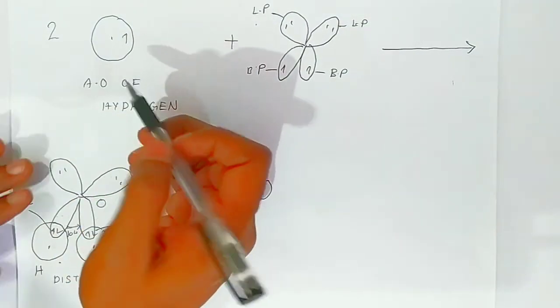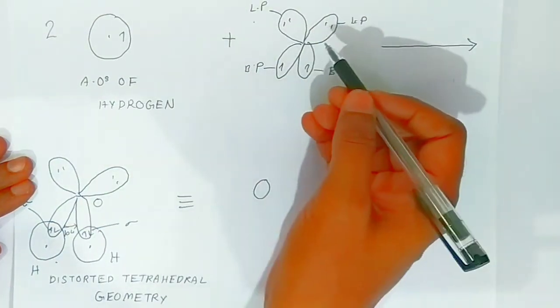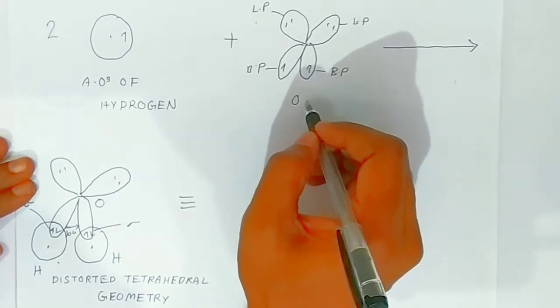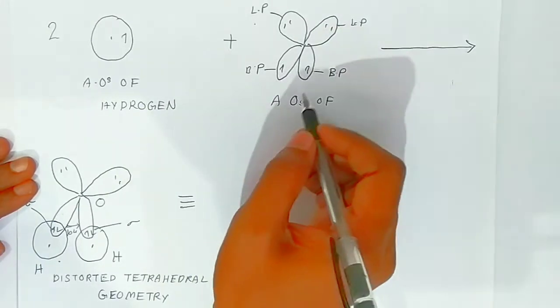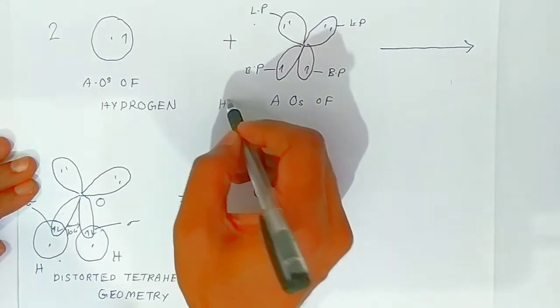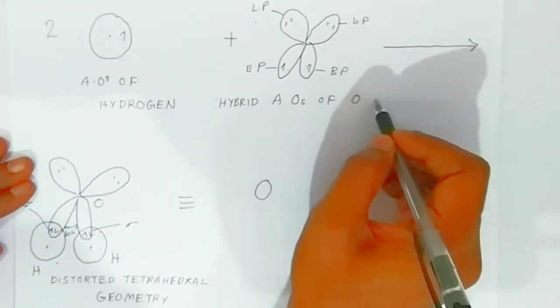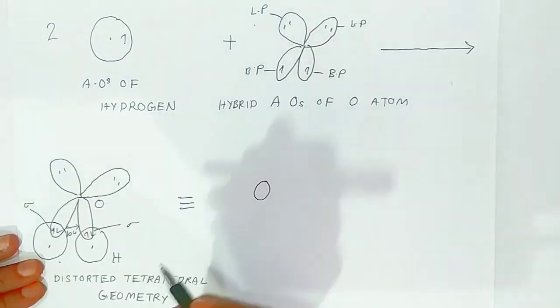Now what happens, students, when two hydrogen atomic orbitals combine with the atomic orbitals of the oxygen atom? Which type of atomic orbitals? Hybrid atomic orbitals of oxygen, and they will form the water molecule, which is V-shaped.